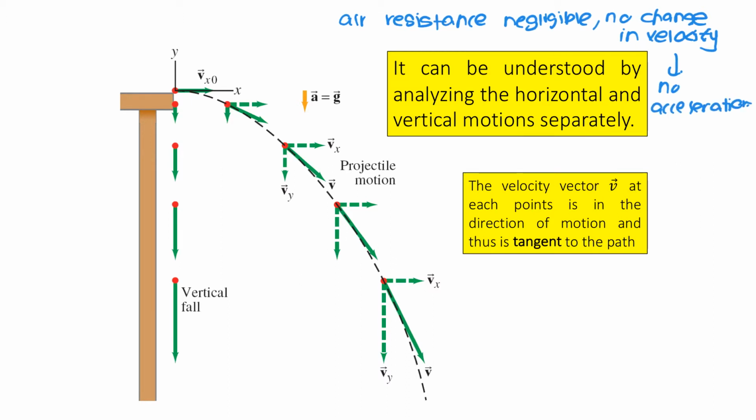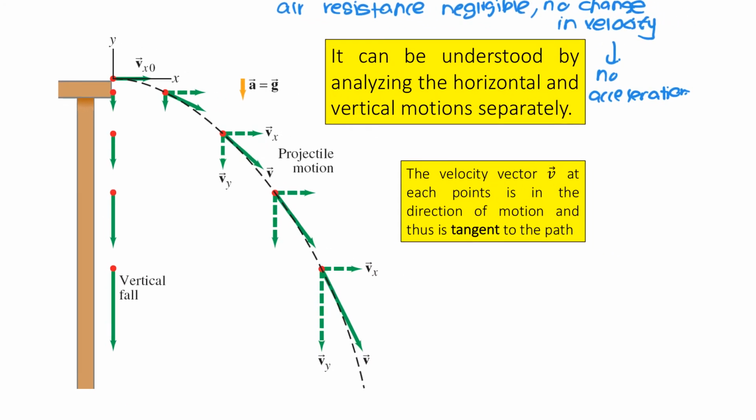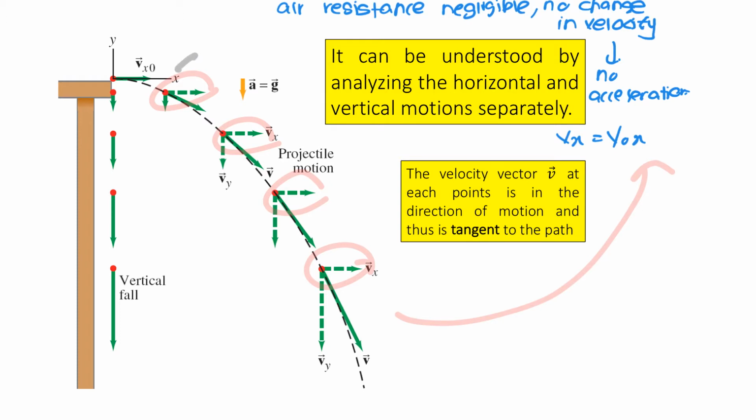The final velocity in the x component will be equal to the initial velocity. So the velocity at each point will be the same because of air resistance being negligible. For example, if you have 15 meters per second in the x component, all the points will also be 15 meters per second, only for velocity in the x component.